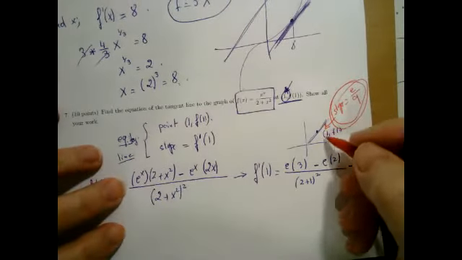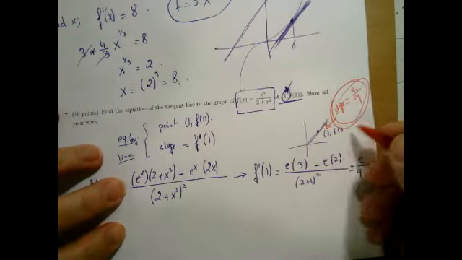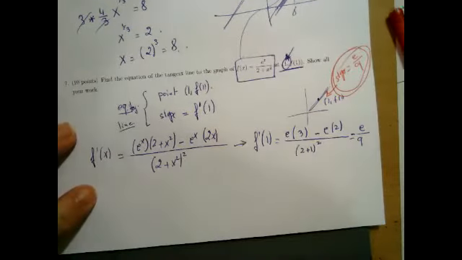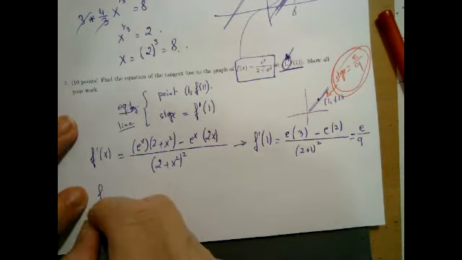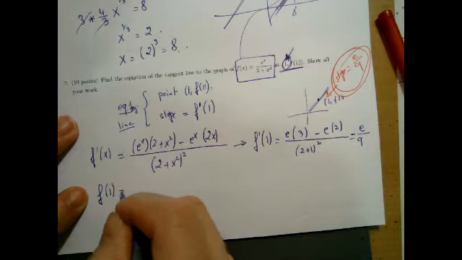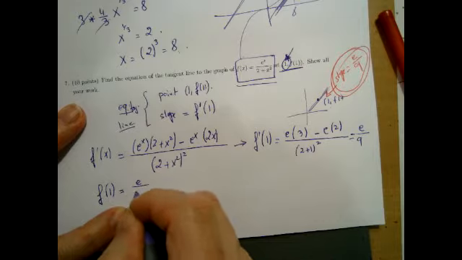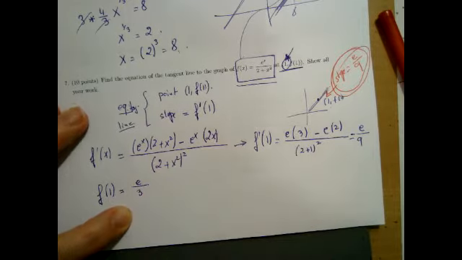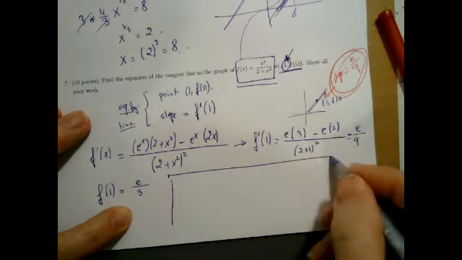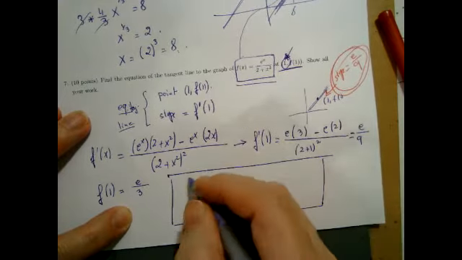Now the point. So the point is 1, f of 1. So let us compute f of 1. F of 1, it means that's my function. So it's e over 2 plus 1, which is a 3. That's f of 1. So now here is the equation of the tangent line.